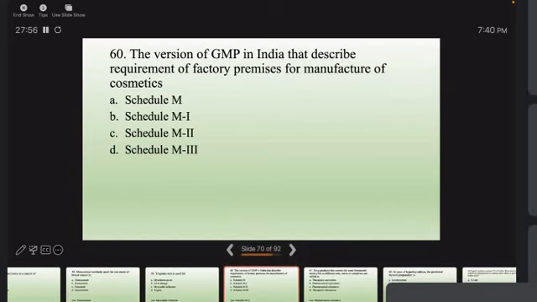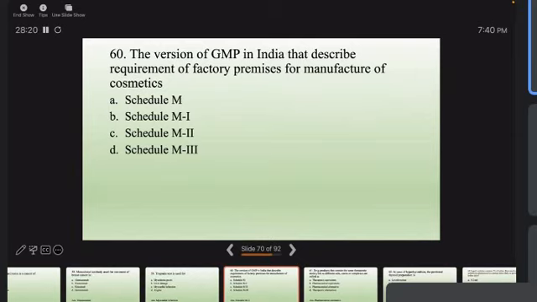Injectable needles, catheters, insulin pens. Yes, it is a medical device. Then anything else? Pressure monitoring kits, hearing aids.